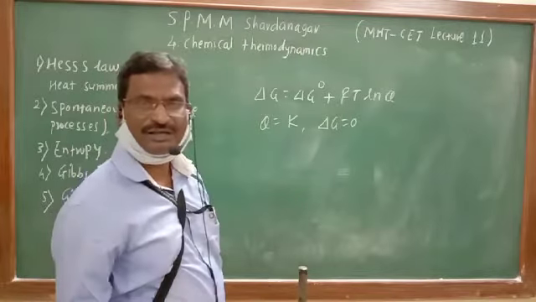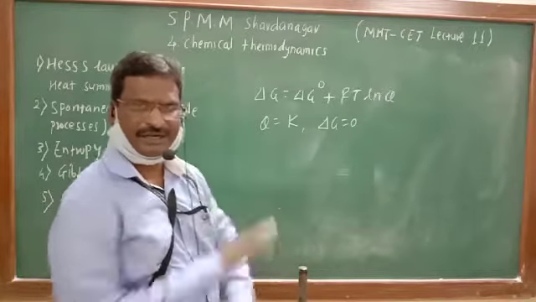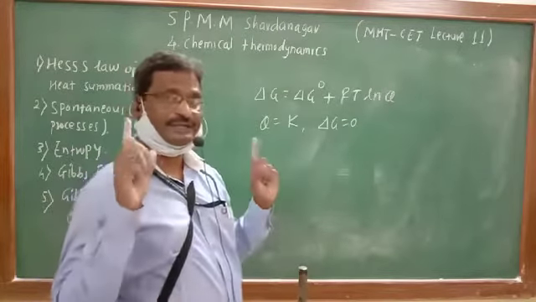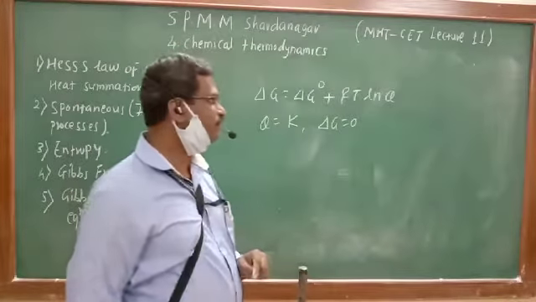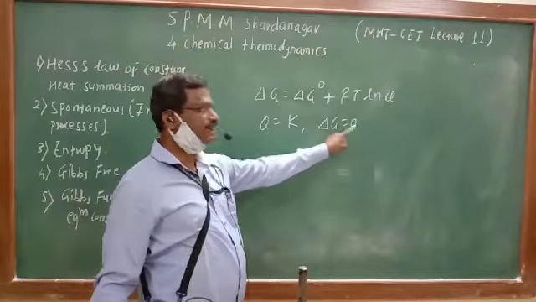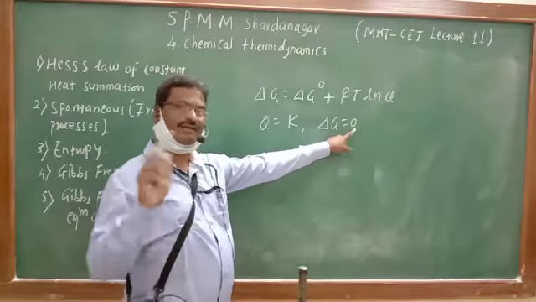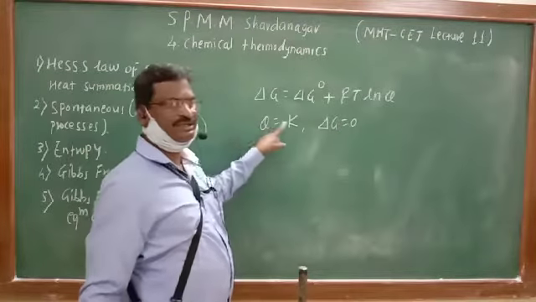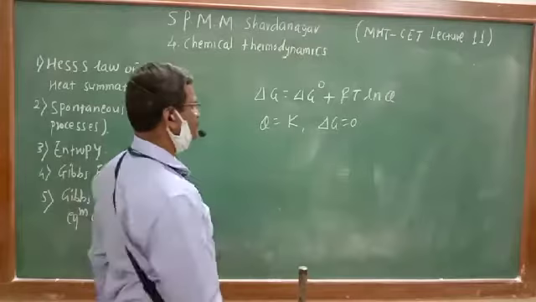The reaction is neither spontaneous nor non-spontaneous. The process is stopped at equilibrium. Therefore, at equilibrium delta G is 0, and the reaction quotient is nothing but the equilibrium constant.